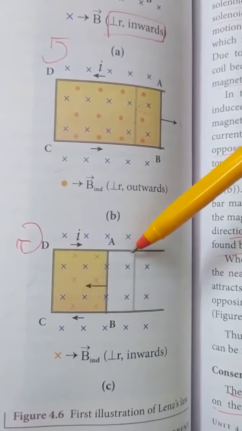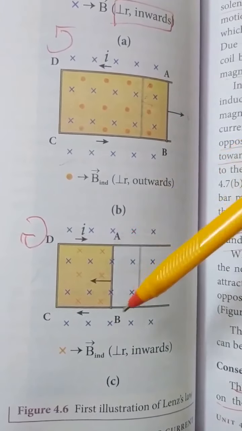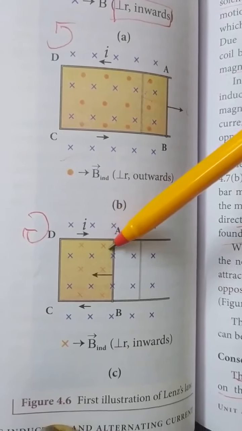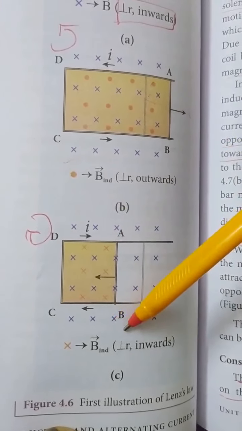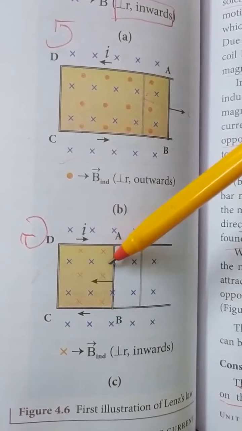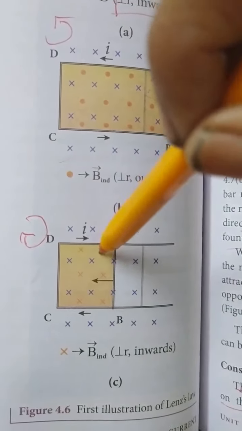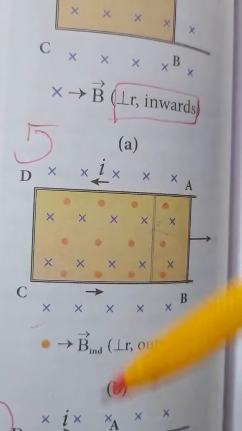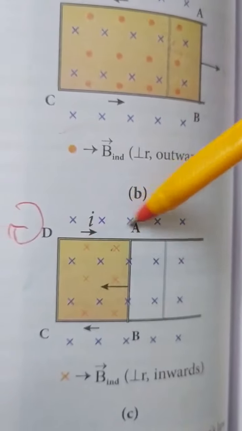And now in the third diagram, the rod AB is moving inward, and so the magnetic flux decreases, and the induced magnetic field will be inwards, that is here cross and here dot, and in this case the current flows in the anti-clockwise direction, here the current flows in the clockwise direction.